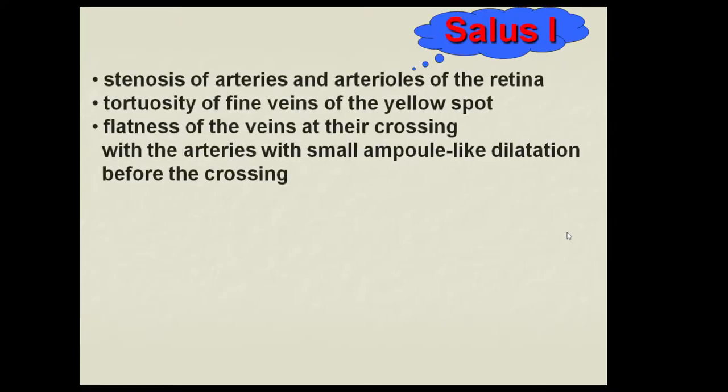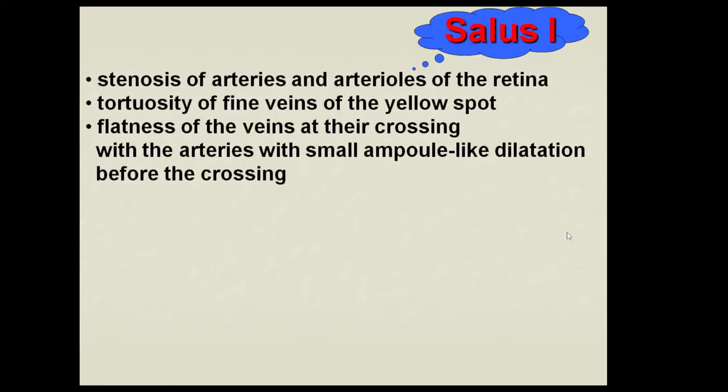First degree Salus symptom is characterized with stenosis of arteries, tortuosity of the veins, and flatness of the veins at the crossing with arteries, with formation of an ampoule-like dilation, because the artery pushes on the dilated vein.